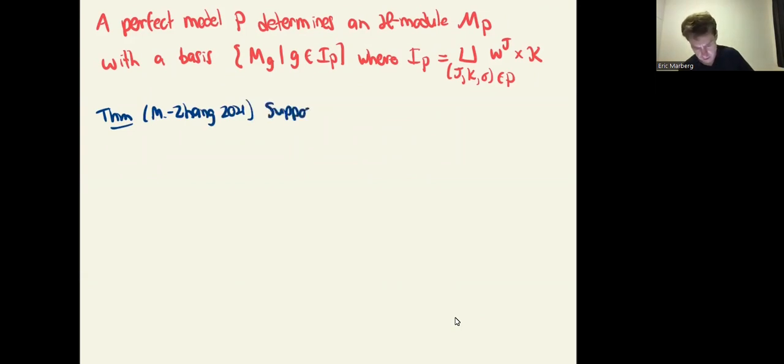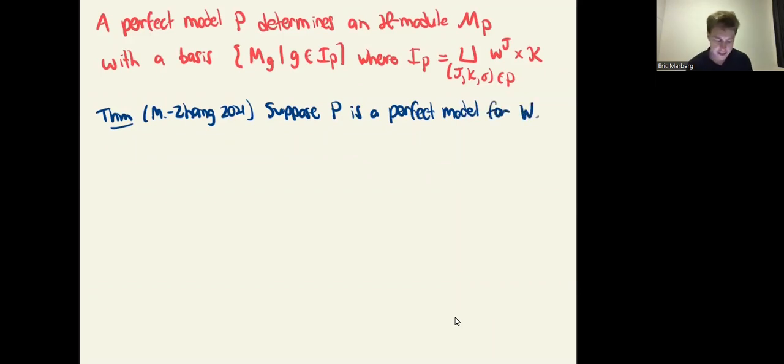So assume P is a perfect model. I should say this theorem will mostly make sense if P is just any subset of model triples. But here are some properties that hold.